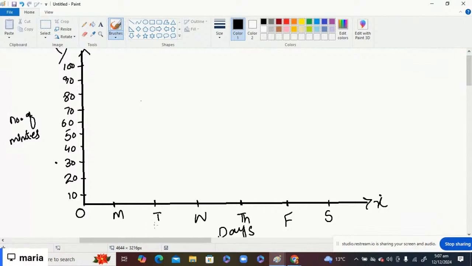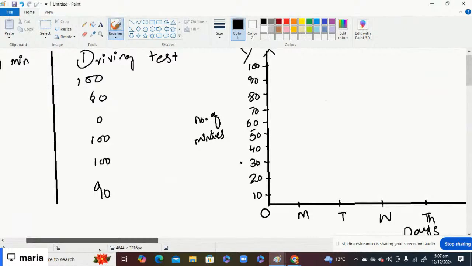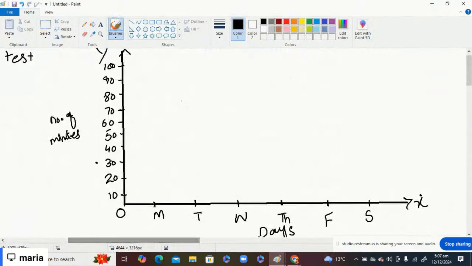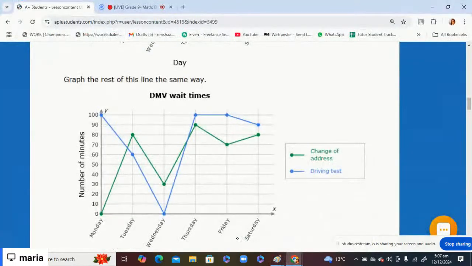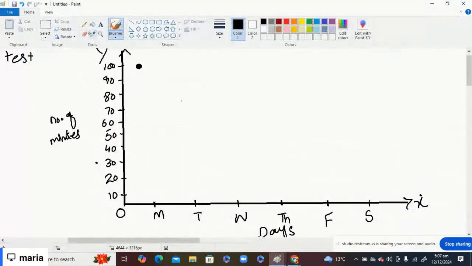Okay, let's do it. On Monday, it's 100. If you take Monday from the starting point, that's easy for you to write. You're going to put Monday from here.